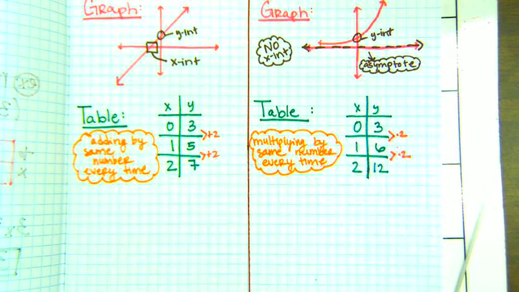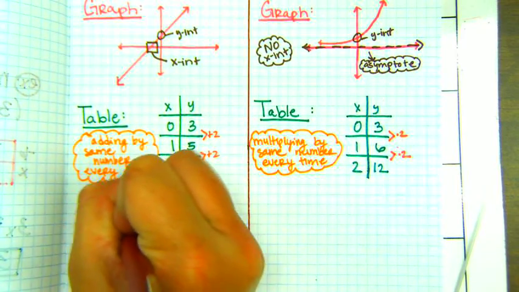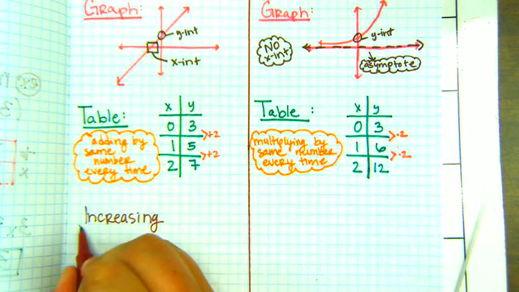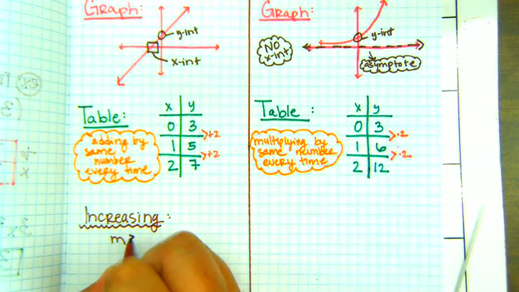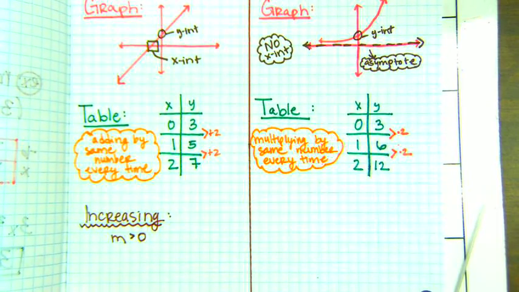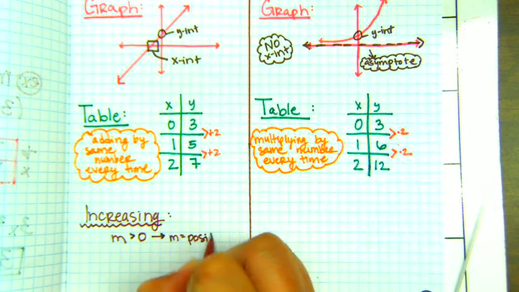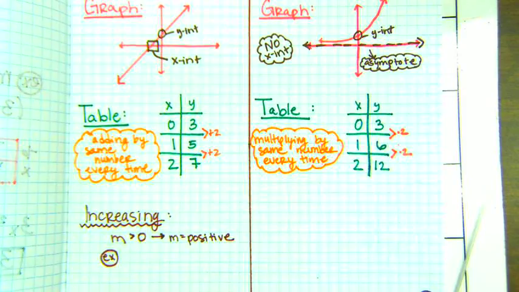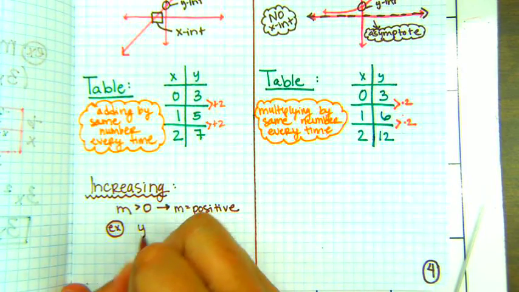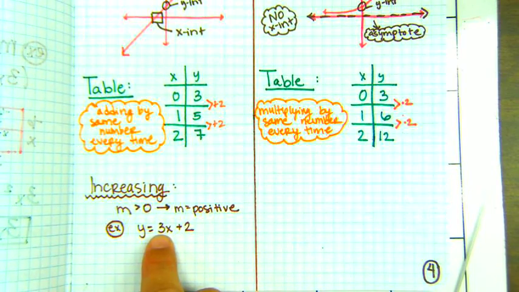Now there are certain rules for when you're increasing or decreasing for both. For a linear function to be increasing, your m has to be greater than 0. So what numbers are greater than 0? That must mean that m is positive. So for example, an increasing linear function could be y equals 3x plus 2, because that 3 is positive.